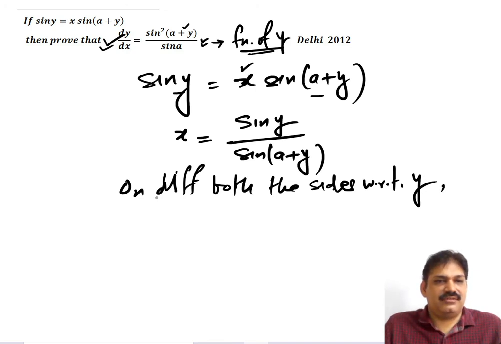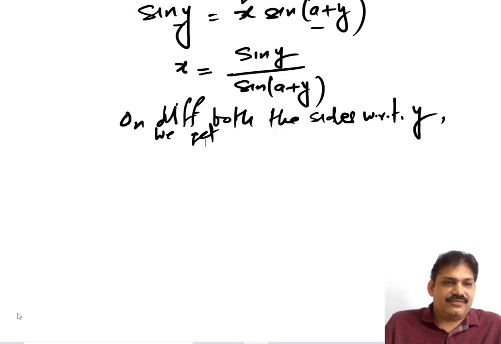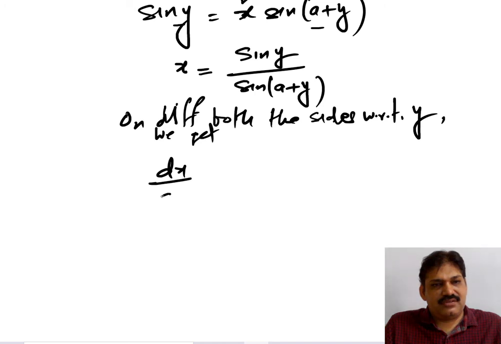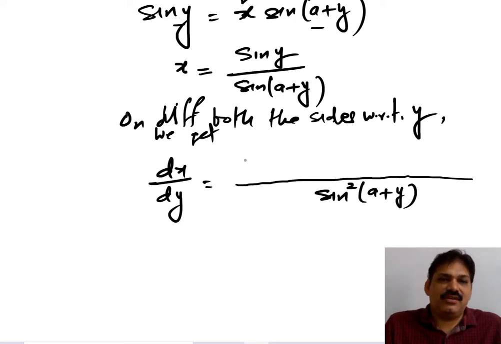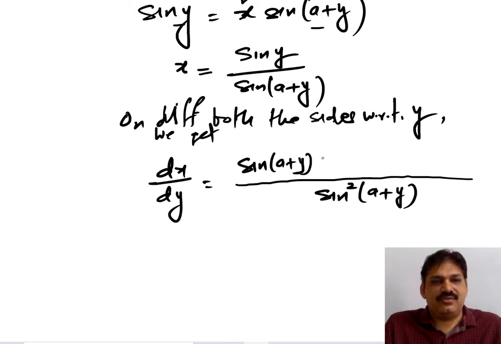So we get the derivative of x with respect to y, and here the quotient rule will be applied. So the square of the denominator, that is sin²(a + y). Now sin(a + y), same, into the derivative of sin y with respect to y.